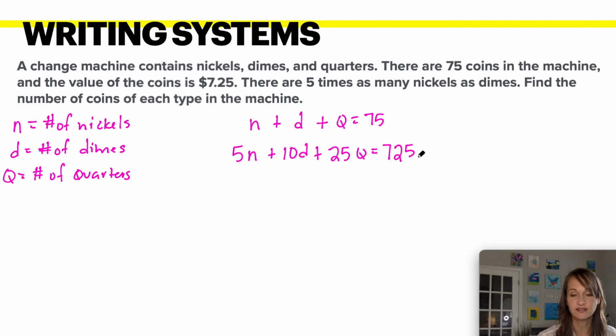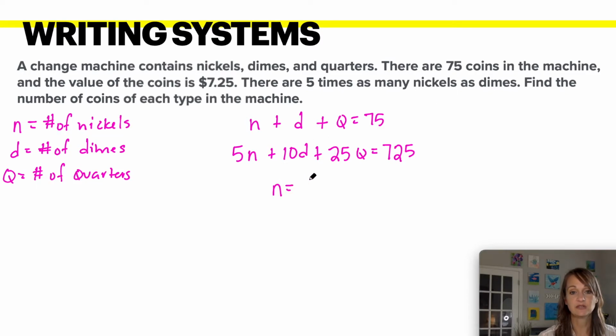I'm not fond of decimals, so I just removed all the decimals by using cents. And then there are 5 times as many nickels as dimes. So how many ever dimes there are, there are 5 times as many nickels. So if you have the number of nickels, you've got to multiply the number of dimes by 5, because there's 5 times as many nickels.